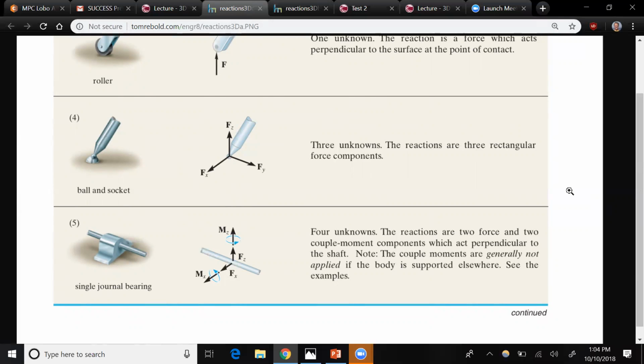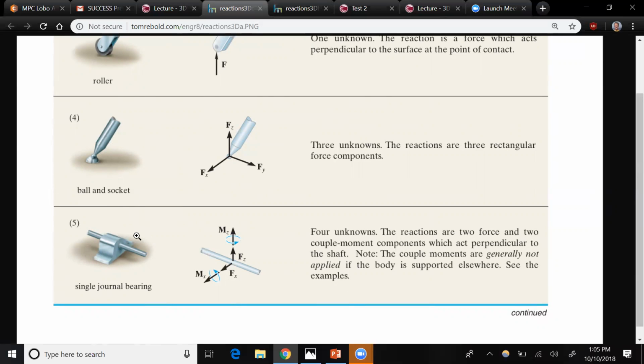When you get to things like journal bearings, these are the kind of things that machines will be using in a lot of cases. A journal bearing captures a rod in a collar, and that collar is going to prevent the rod from moving out of the collar, vertically or horizontally along the transverse direction of that collar.